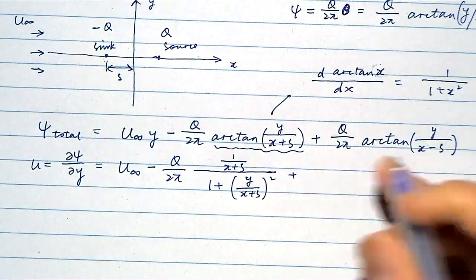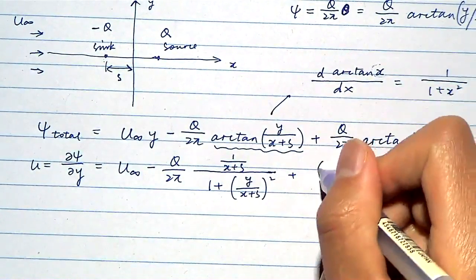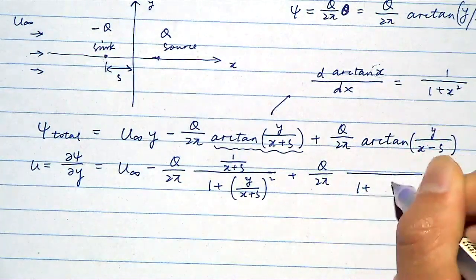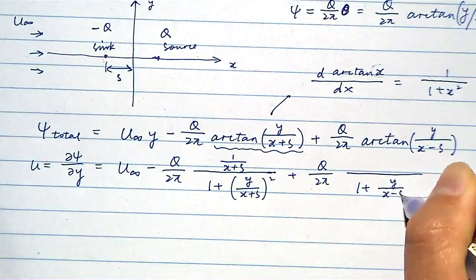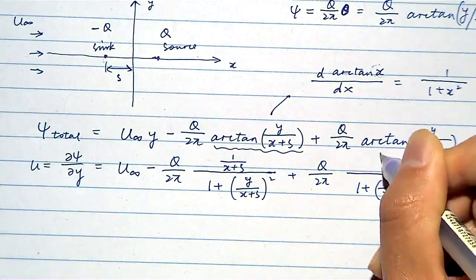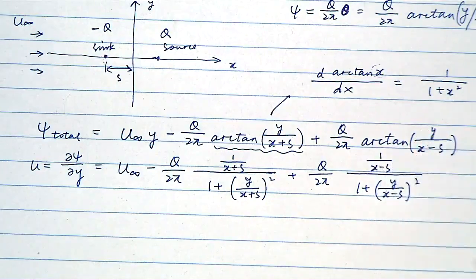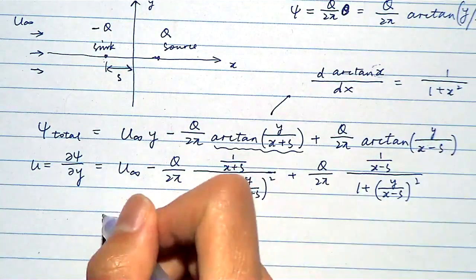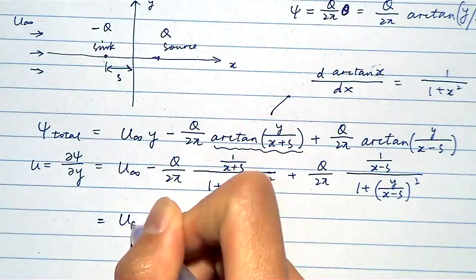And we follow the same logic for the source term. We have 1 plus (y over x minus s) squared and 1 over x minus s here on top. Okay, so now we can simplify things a little bit.